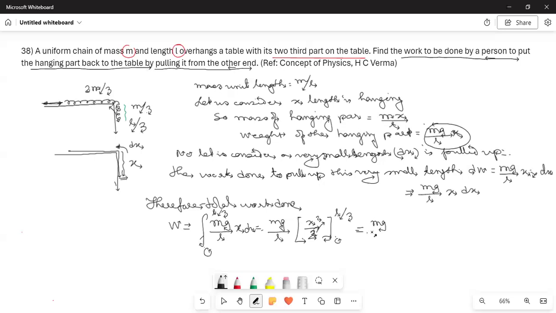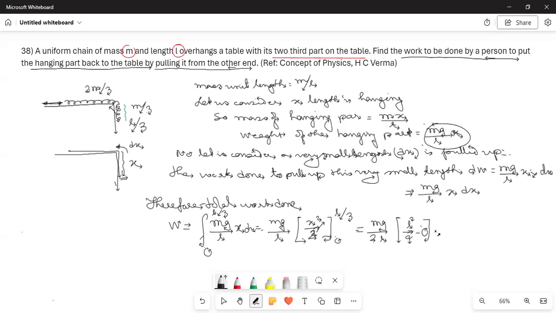So mg by 2L, and this limit: when x is equal to L by 3, this is L square by 9, minus when it is 0, then the function is 0.